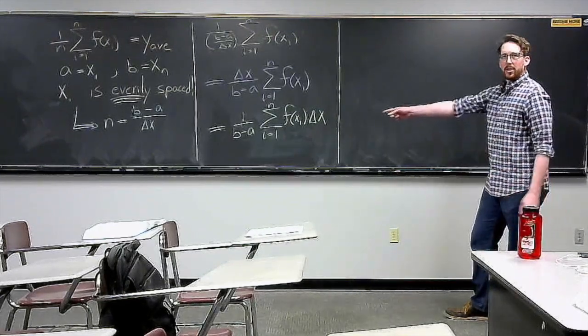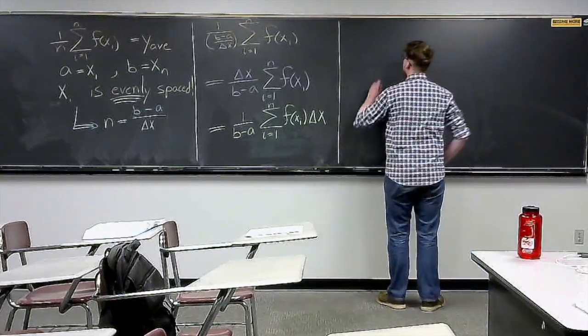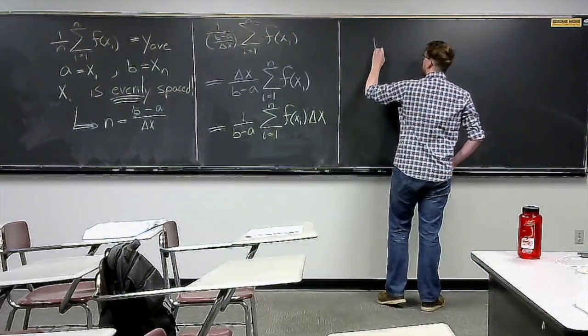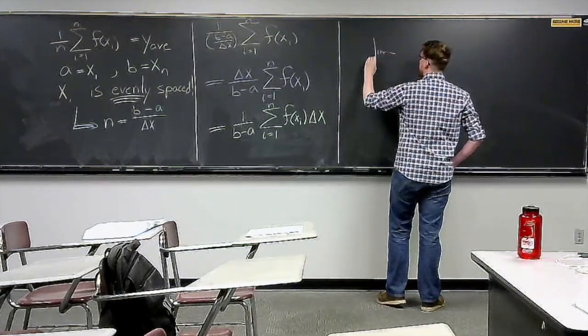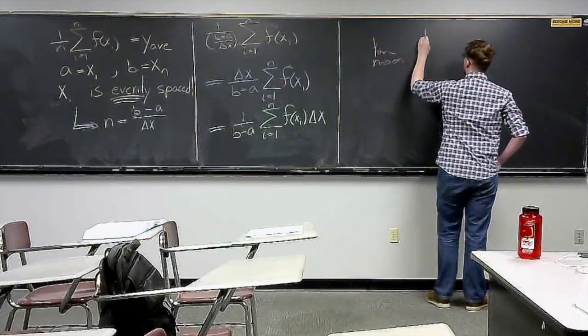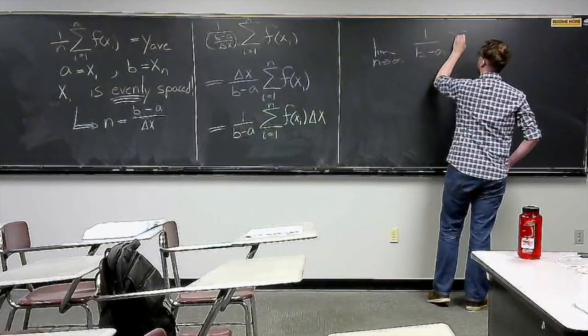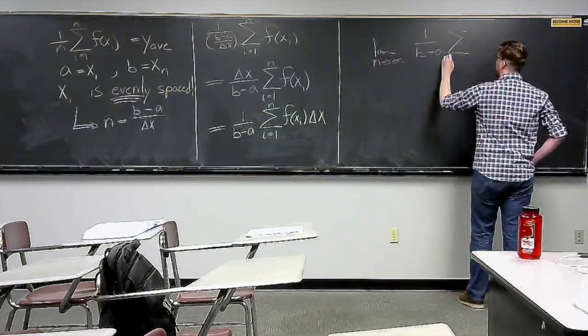You know what? That looks like something, doesn't it? It looks like the sort of thing that if I were to attach the limit as n goes to infinity to, I might get an integral out of it.